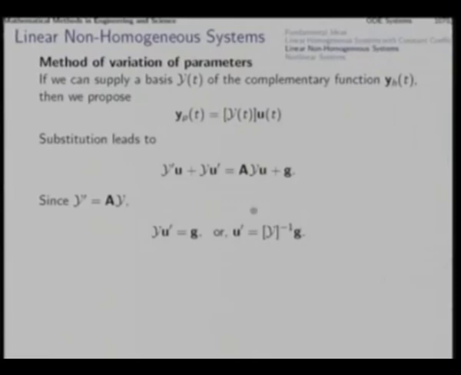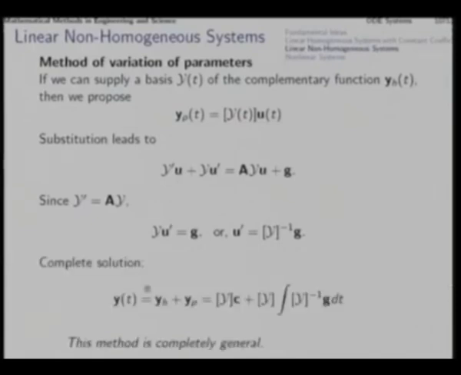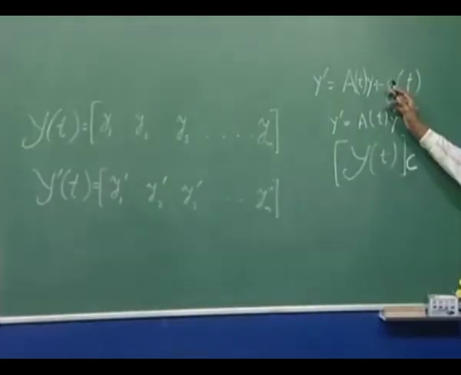This way we get the rate of the coefficient functions u, and then we integrate this and find the vector function u, which we need to insert here. So, the integral of Y inverse g will give us this u, and that multiplied with Y will give us yp, a particular solution, and that added with the complementary function which is yc will give us the complete solution of this system of ODEs.